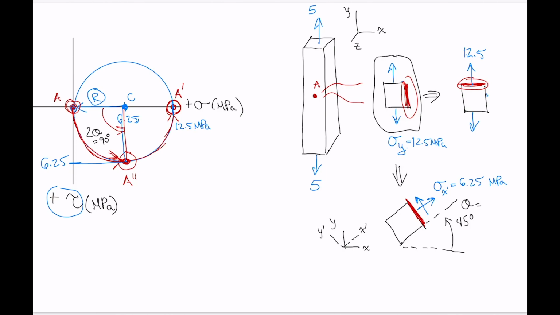This red shaded side always stays shaded red as you rotate that element around. So this here is tau x prime y prime, and that is equal to 6.25 megapascals as well.